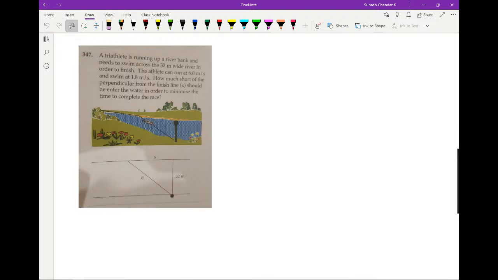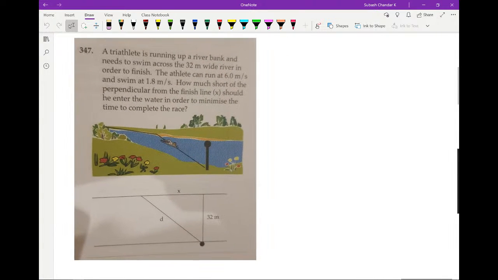Yeah, no worries. You're welcome, Blossom. Let's see what's happening here. A triathlete is running up a riverbank and needs to swim across the 32-meter wide river in order to finish.